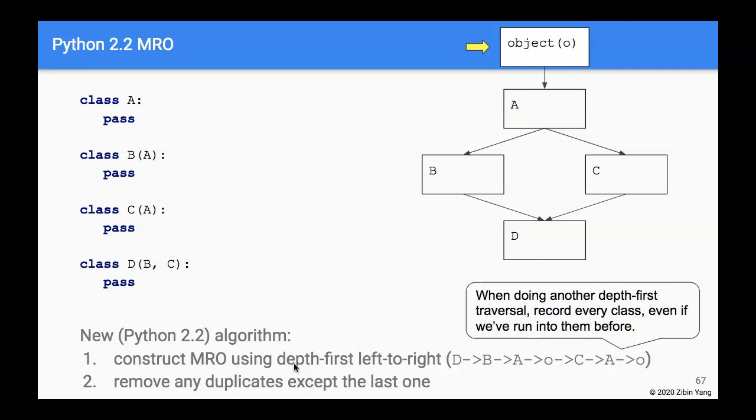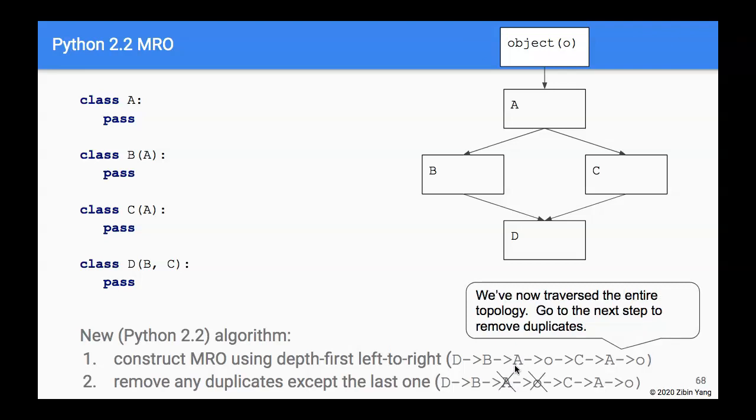The next step this new algorithm takes is that it removes any duplicate except the last one. So what are the duplicates here? There are two A's, so we remove the first one and leave the last one.